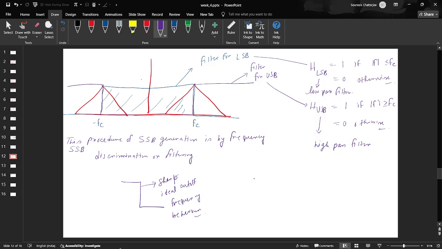In practice, what you will see is something like this. Let me draw another one just to clarify this.